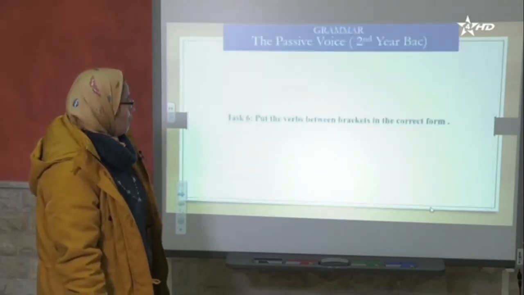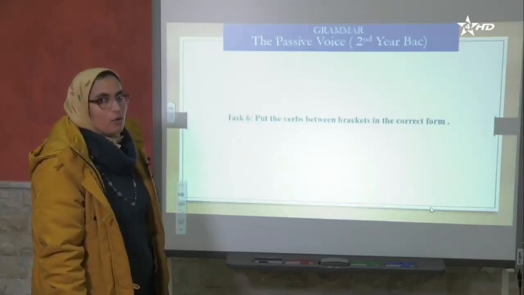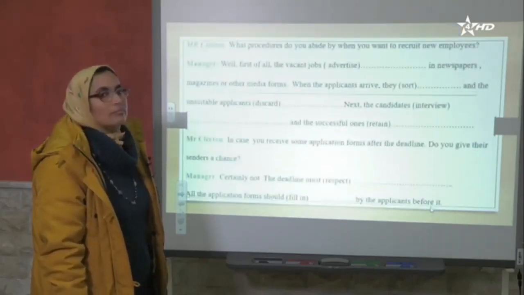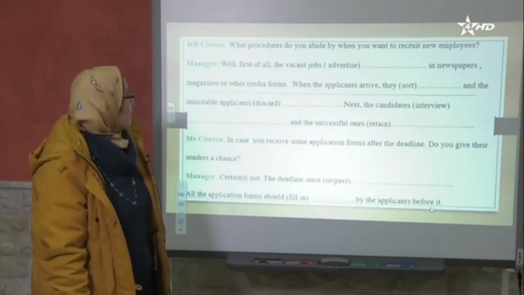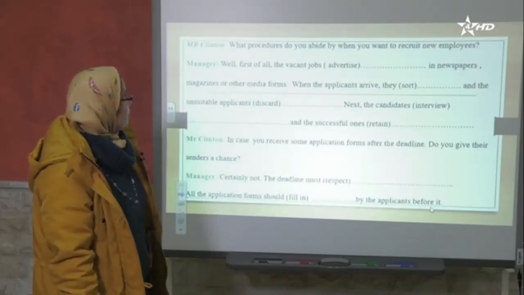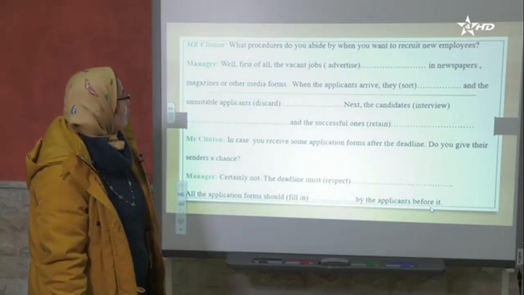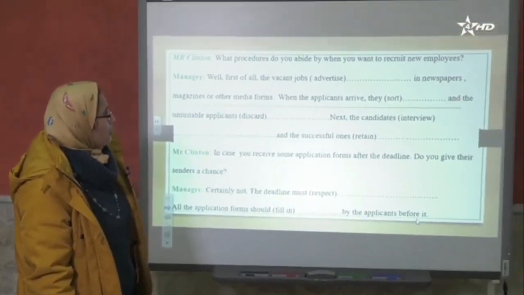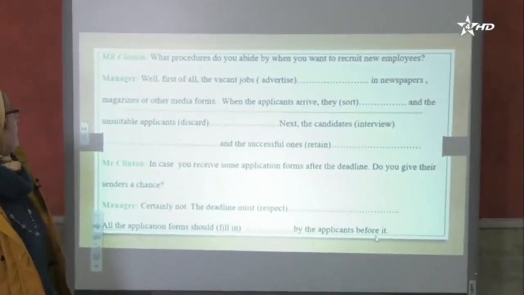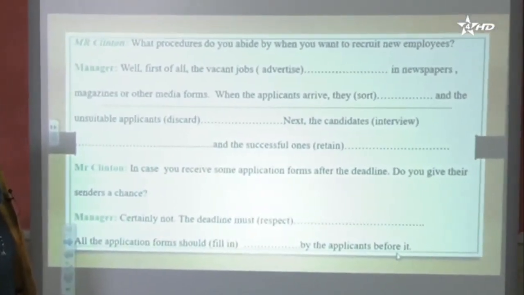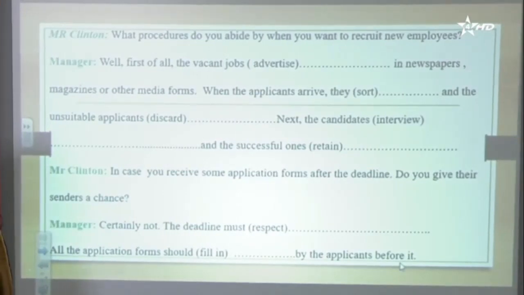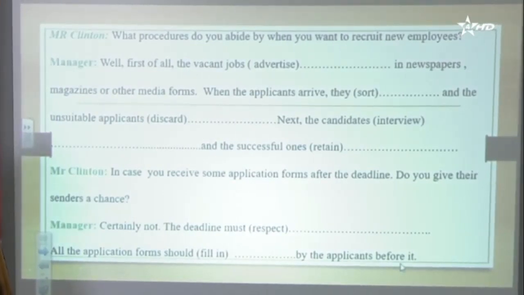Okay, now put the verbs between brackets in the correct form. Shall we read? Go ahead. What procedures do you abide by when you want to recruit new employees? Mr. Clinton says. Manager: well, first of all, the vacant jobs advertise in newspapers, magazines, or other media forms.